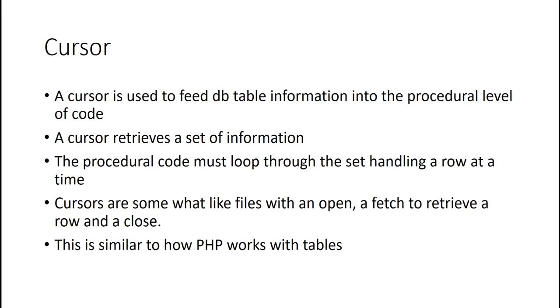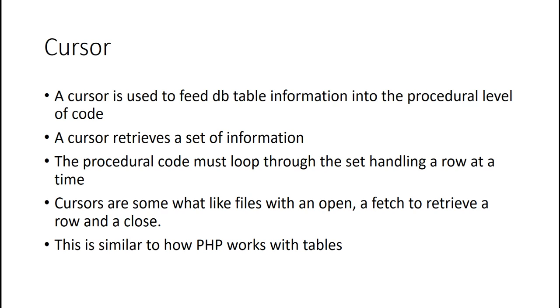A cursor is used to feed database table information into the procedural level of code. A cursor retrieves a set of information, and the procedural code then loops through the set a row at a time, doing whatever it needs to do with it. You can think of cursors as being somewhat like a file where you open the file and you do a read. Do you get the whole file? Typically not.